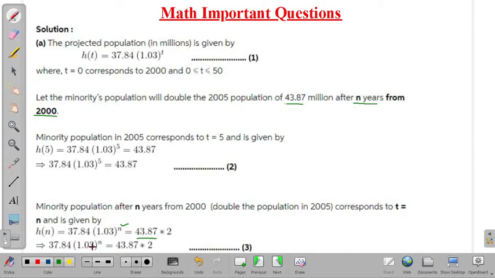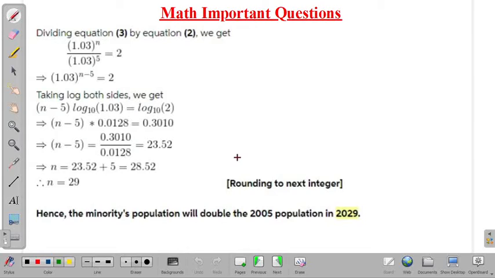So this is another equation we have got. Now we have two equations, 2 and 3, and by solving them we can find the value of n. We can divide equation 3 by equation 2, and we get 1.03 to the power n minus 5 equal to 2.